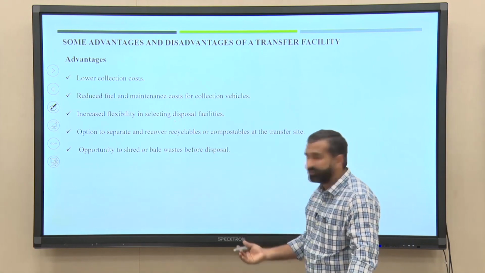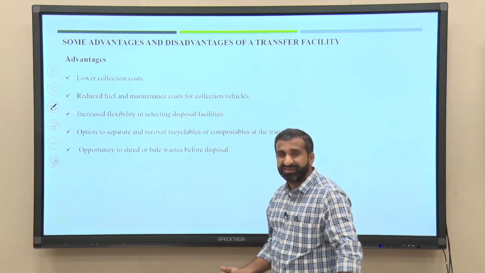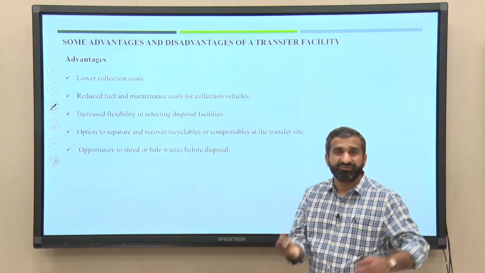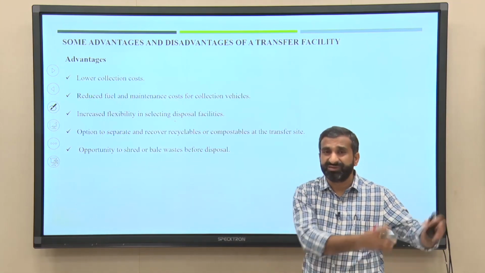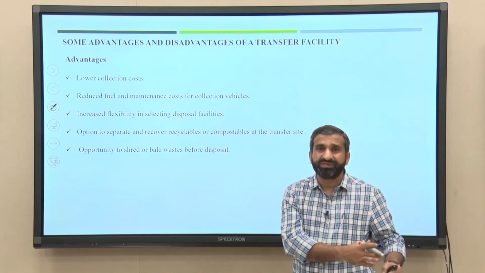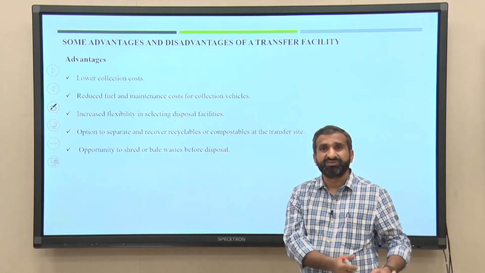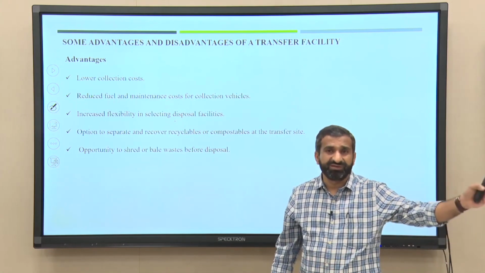It is also possible that if you are using transfer for transportation, we always have flexibility of choosing the location of the disposal site. Maybe in such cases you can go far away, maybe 50 kilometers, 60 kilometers.